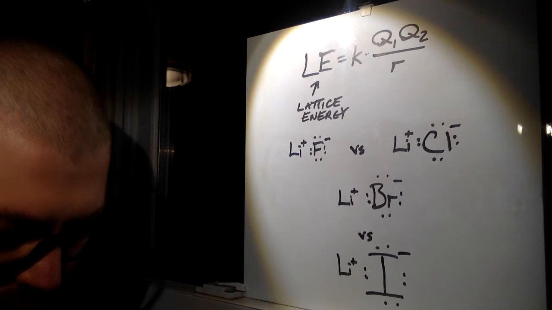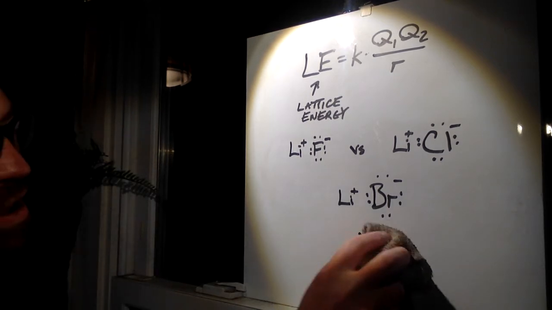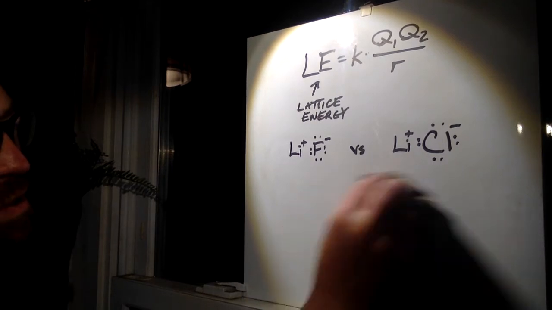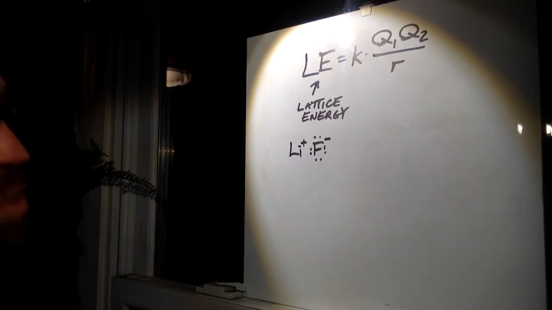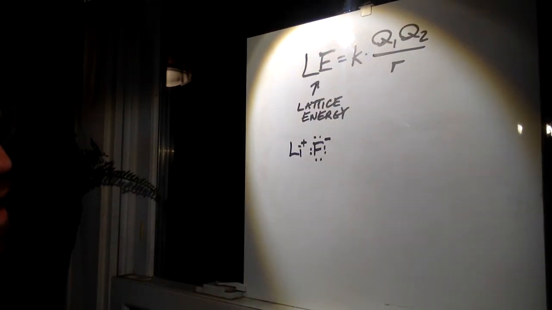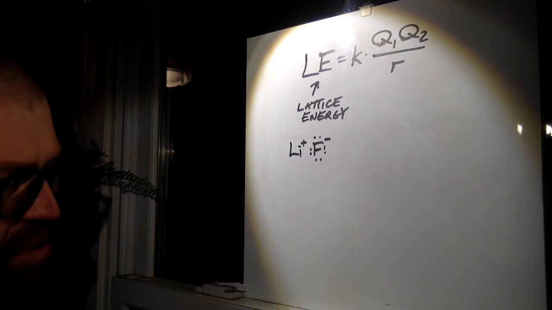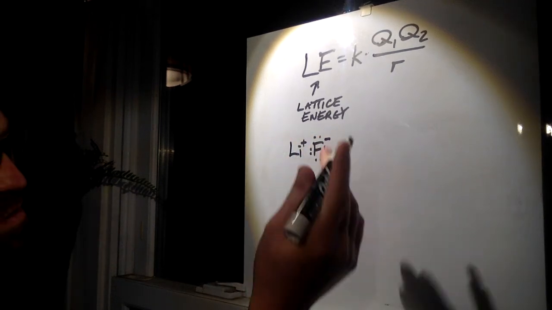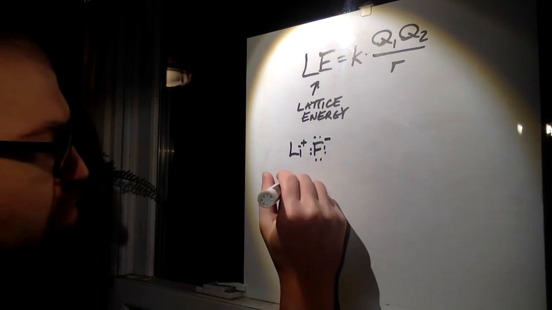Let's look at the other thing that contributes to the strength of lattice energy. We've looked at size, but we can also look at differences in charge. So here we have lithium fluoride, but we could also imagine, instead of lithium fluoride, maybe magnesium fluoride.